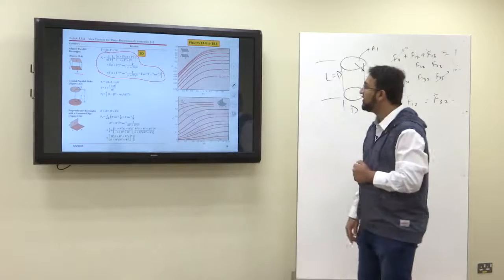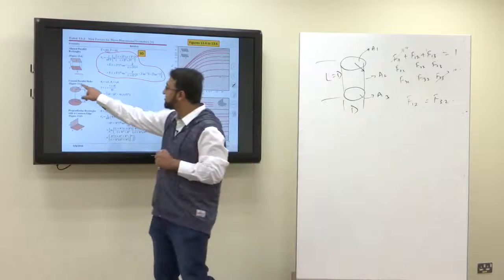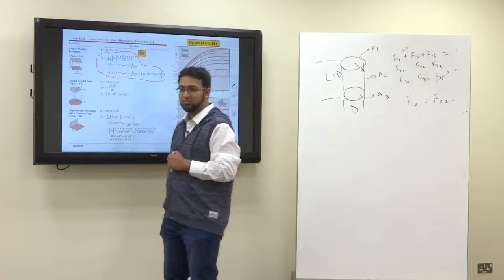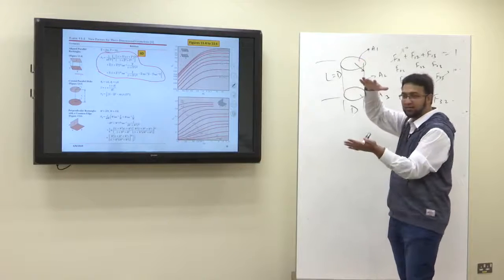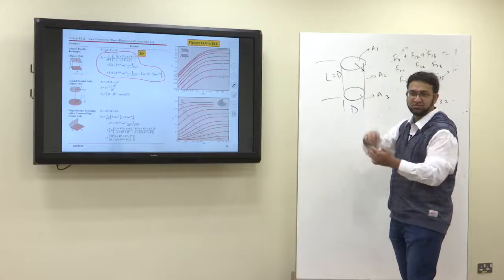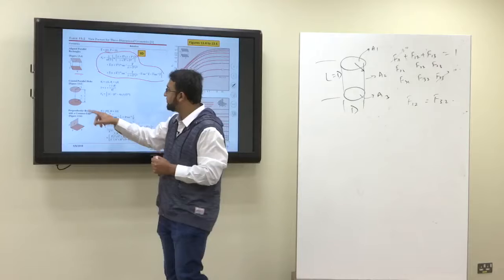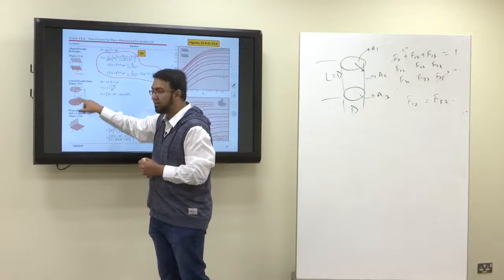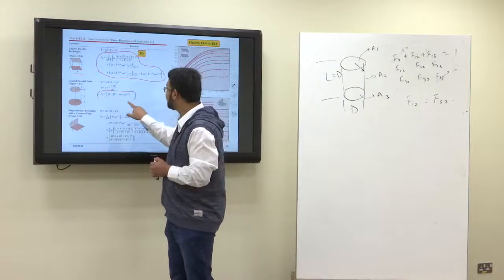Our case is basically this one, coaxial parallel disks. So I have two disks which are parallel, separated by a distance. So view factor from i to j, if I want to find out, I can use this formula.